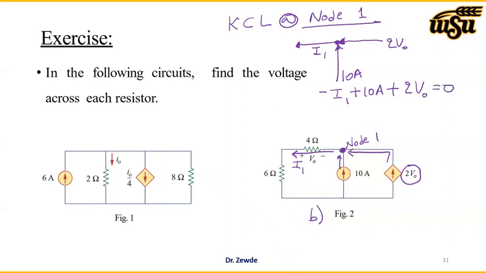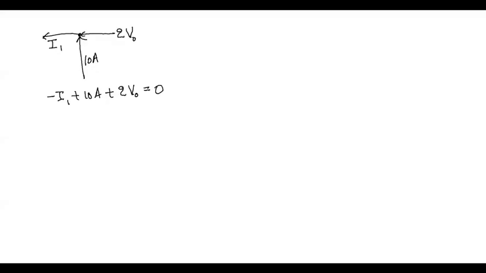Just like in the previous case, here also we have 2 unknowns, I1 and V0, and we have only one equation. So to solve it, we have to find an expression for I1 in terms of V0, or V0 in terms of I1.